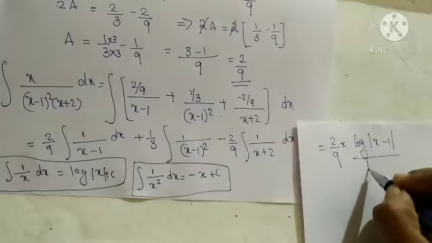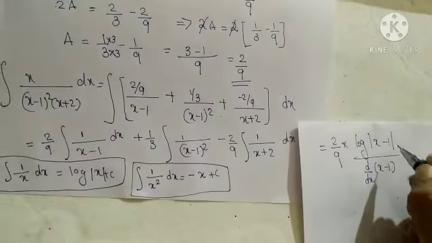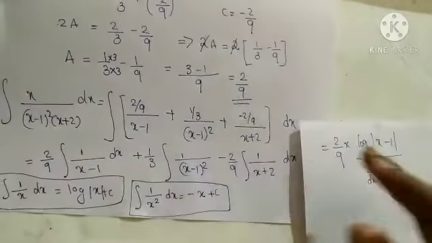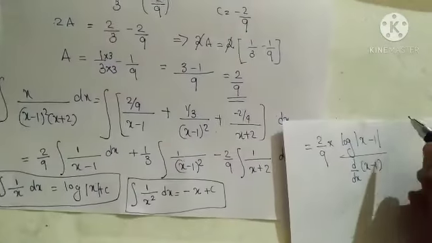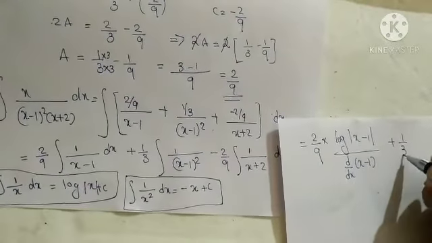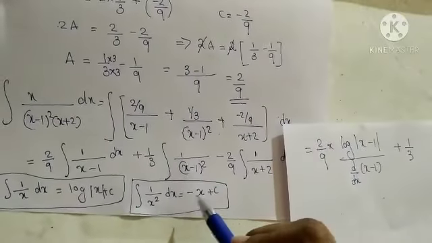By using chain rule, we need to find the derivative of x minus 1 and write it in the denominator. Plus here 1 by 3 is constant, and the integral of 1 by x square dx is minus 1 by x plus c.